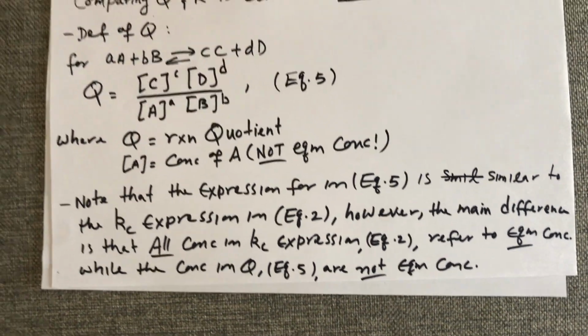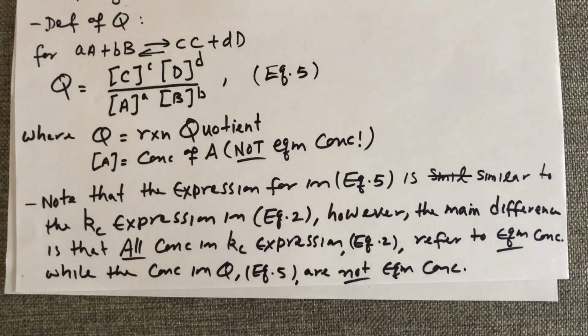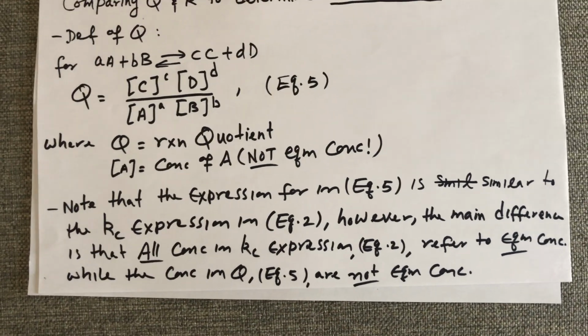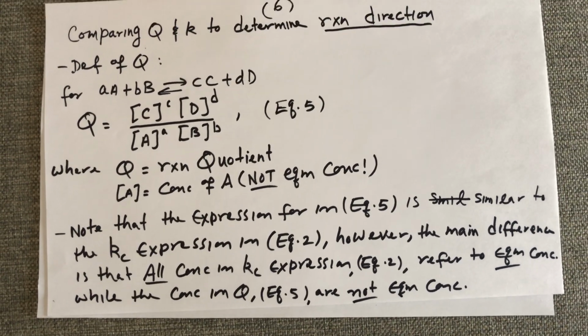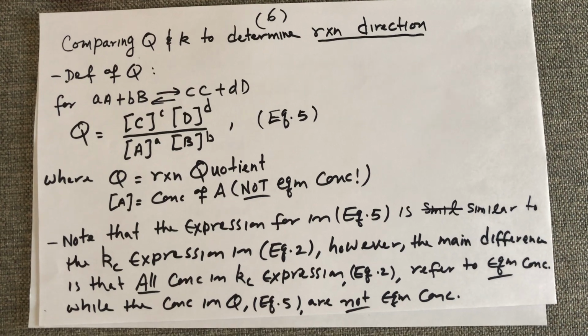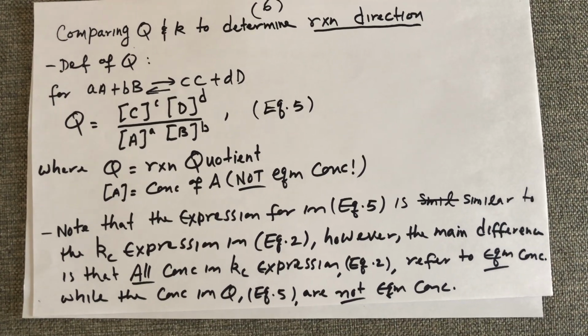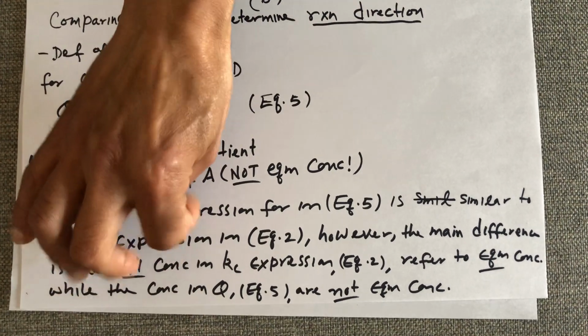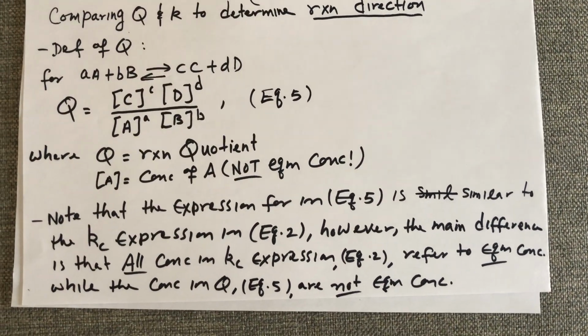So reaction quotient, as the name implies, is just a quotient. It's just the ratio of the product concentration over the reactant concentration, where those concentrations are not necessarily the equilibrium concentrations. So I've explained that over here at the bottom of the page.